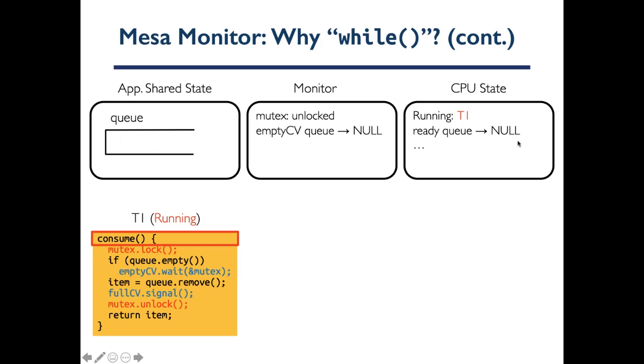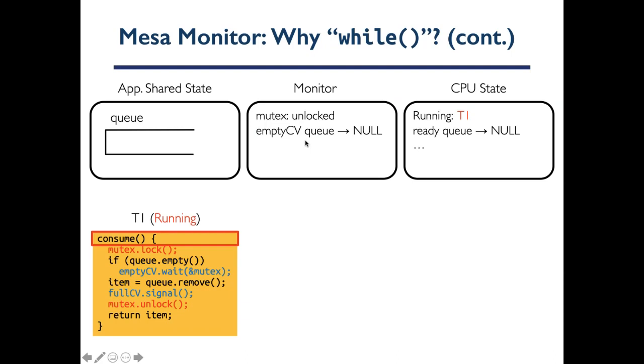Now, let's talk about these on top. I have the queue. This is basically the buffer that the producer and consumer are using. This is my monitor. The monitor has a mutex, which initially is unlocked, and it has an empty CV queue.